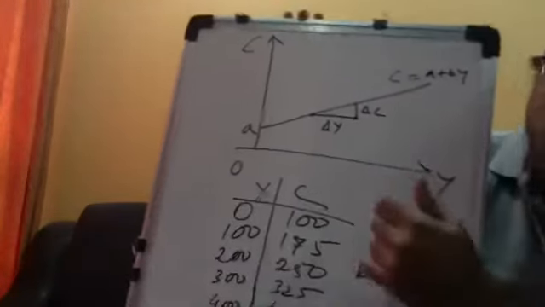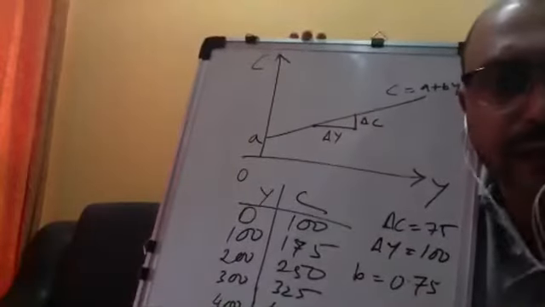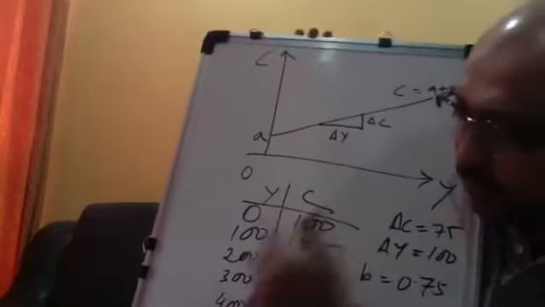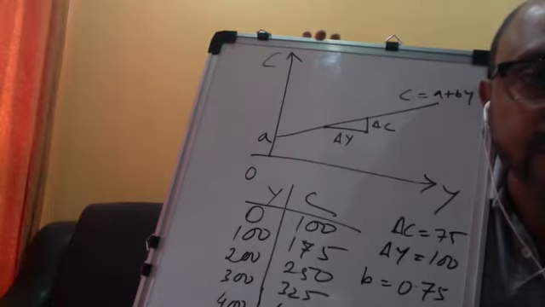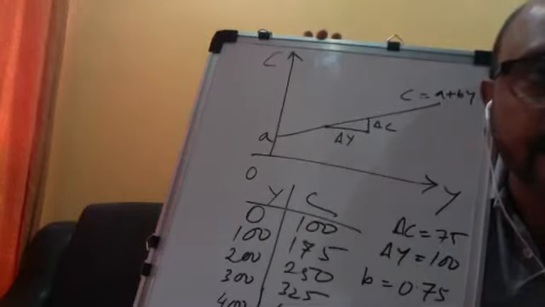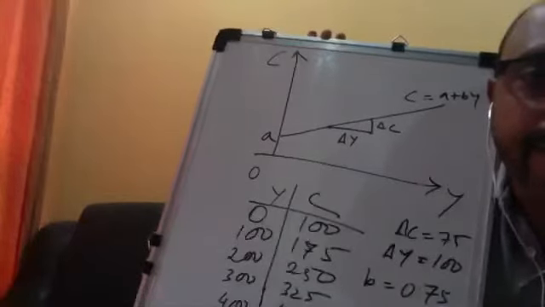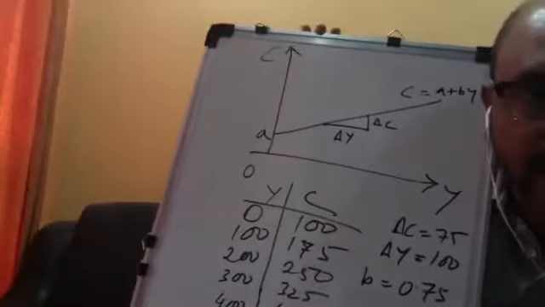What will be the consumption function for this schedule? Sir, C equals 10 plus 0.75y. Is it 10? So A is 10, sir. Look at that table.